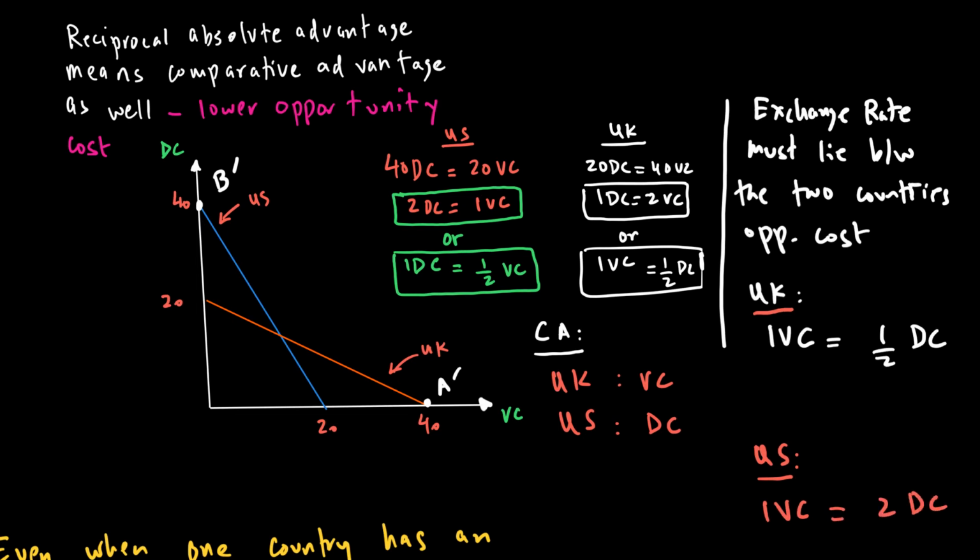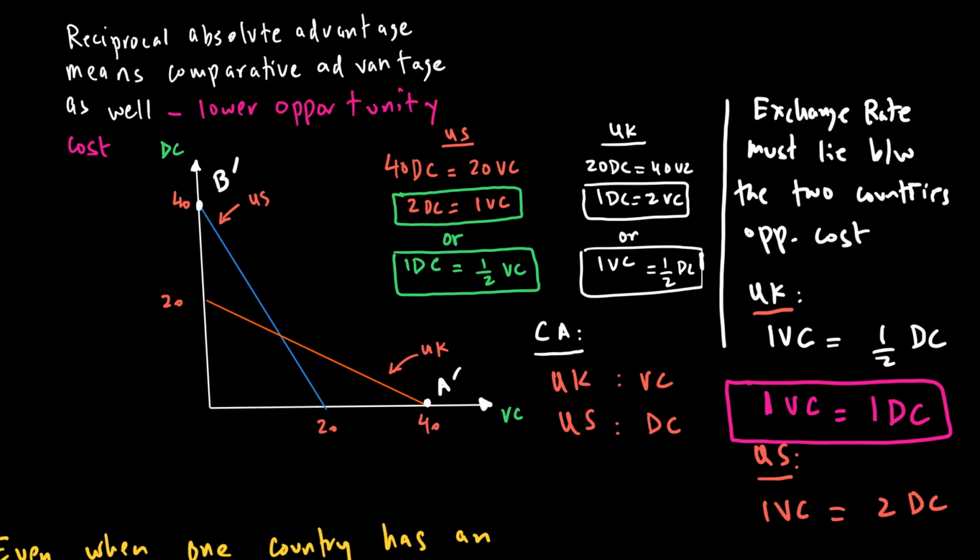So one exchange rate that can lie in between these two opportunity costs could be 1 vacuum cleaner is equal to 1 digital camera. So this could be what we call an acceptable exchange rate, because when you have 1 vacuum cleaner is equal to 1 digital camera, this means for 40 vacuum cleaners you can basically get 40 digital cameras.